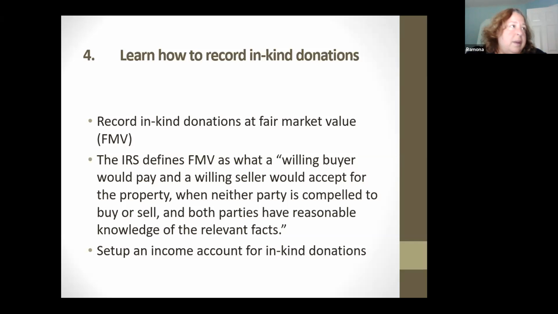So furniture, a car, a copy machine, whatever it is, and what professional in-kind donations we've had. So have we had an accountant who's given ours, an attorney, or somebody in the social media realm, like an advertising company or something like that.